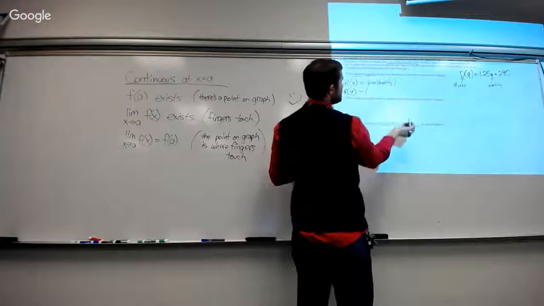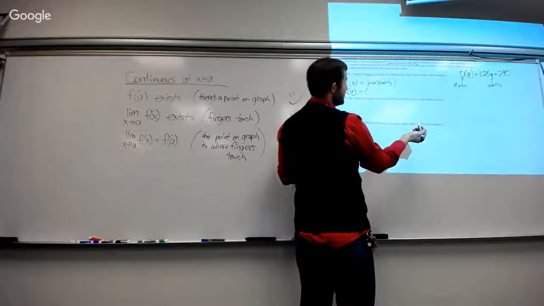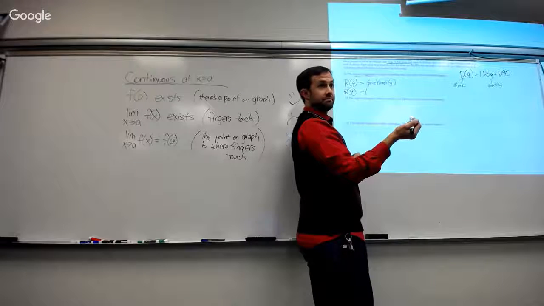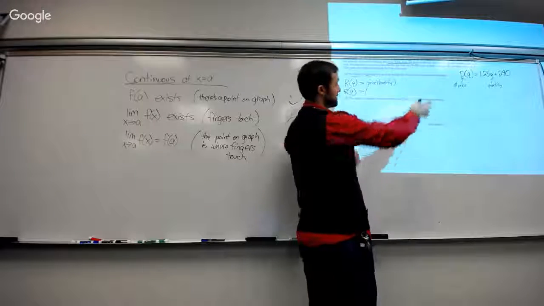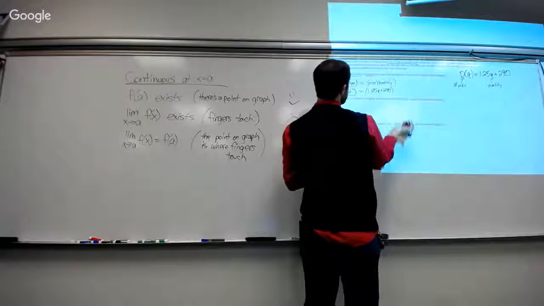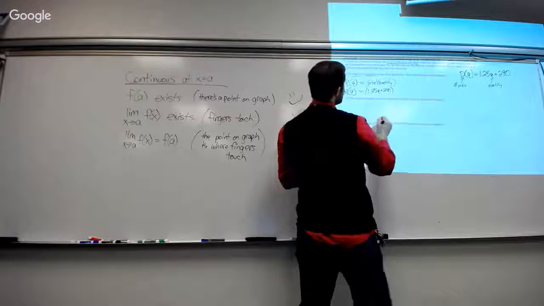What is the price? What's the formula for price? Yeah, the negative 1.25Q plus 290. Oh, that is a negative, thank you. And how many are we going to sell?